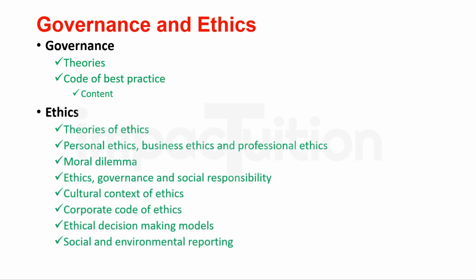Under ethics, we will discuss the theories of ethics, personal ethics, business ethics, and professional ethics, moral dilemma, ethics, governance, and social responsibility, cultural context of ethics, corporate code of ethics, ethical decision-making models, and social and environmental reporting. And that will be all for the strategic case study syllabus.